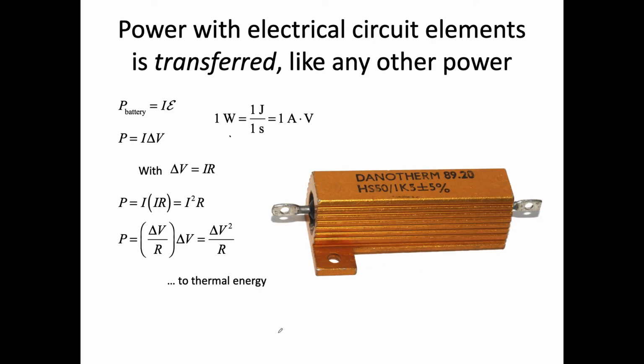And this page summarizes what we learned. For the battery, the total power consumed is I times epsilon, where epsilon is the EMF. For a circuit element, the power is I times delta V. And we have Ohm's law, delta V equals IR.